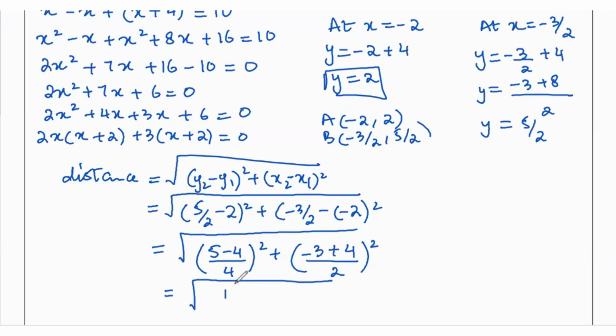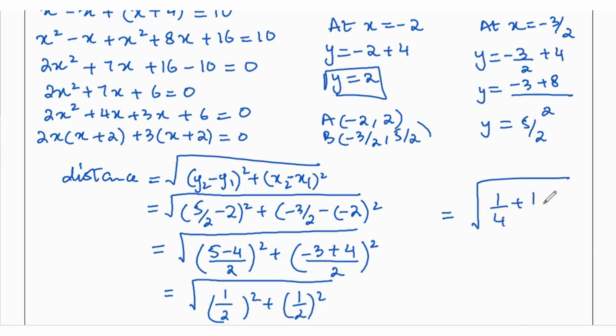So that's 1 over 2 whole squared plus 1 over 2 whole squared. That's 1 over 4 plus 1 over 4, which is 2 over 4. And that's root 2 over 2. That's your final answer.